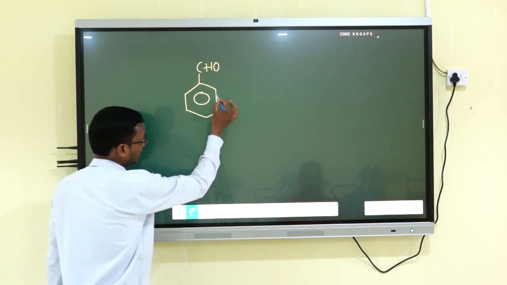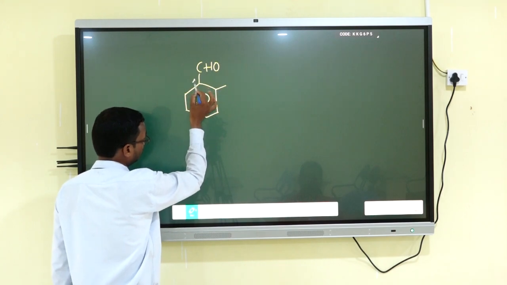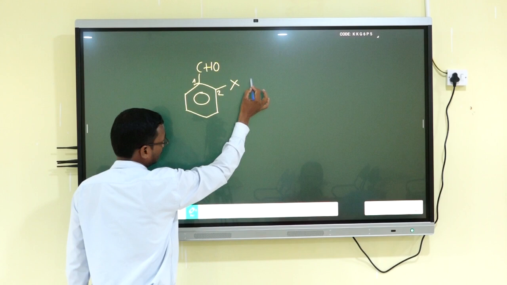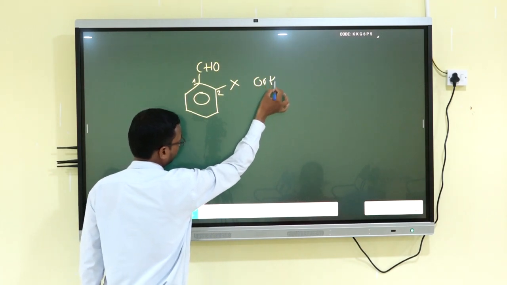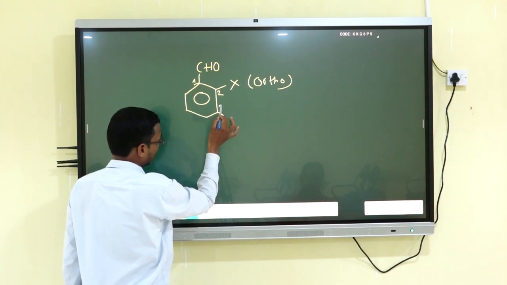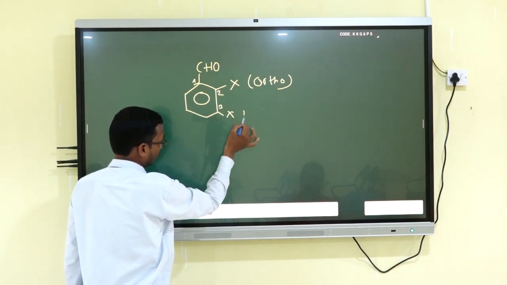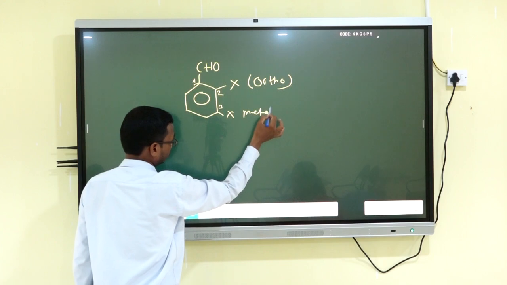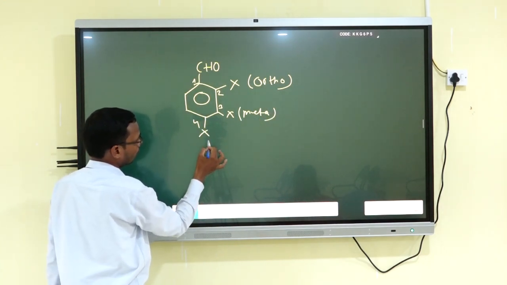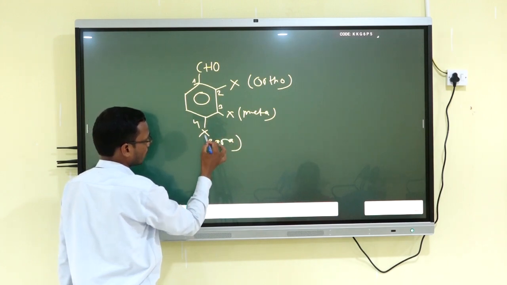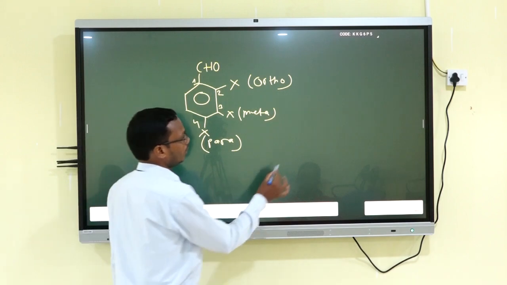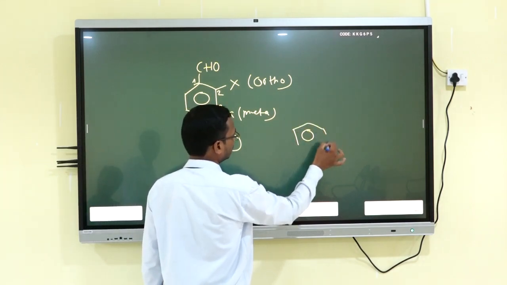If a substituent is present in the second position, that position is called ortho. This position, that is third, is called meta, and this position, fourth position, is called para position.